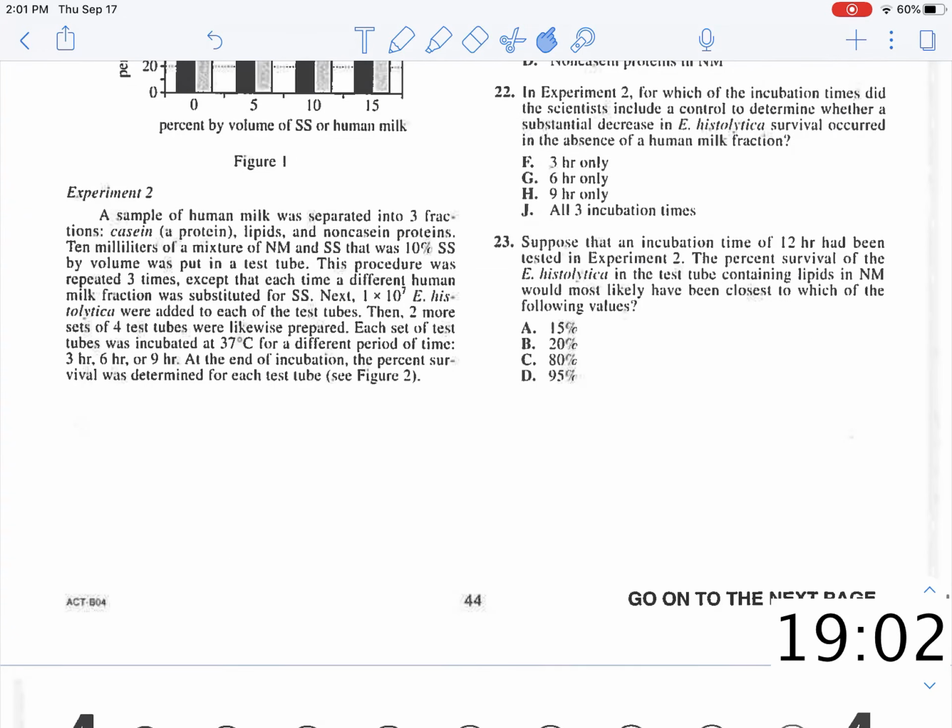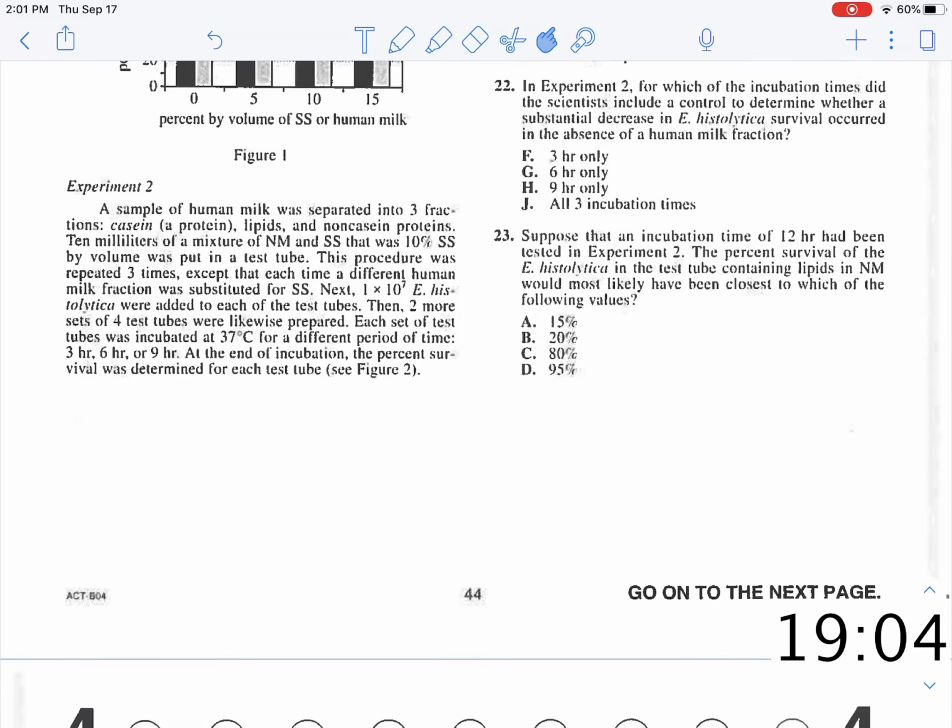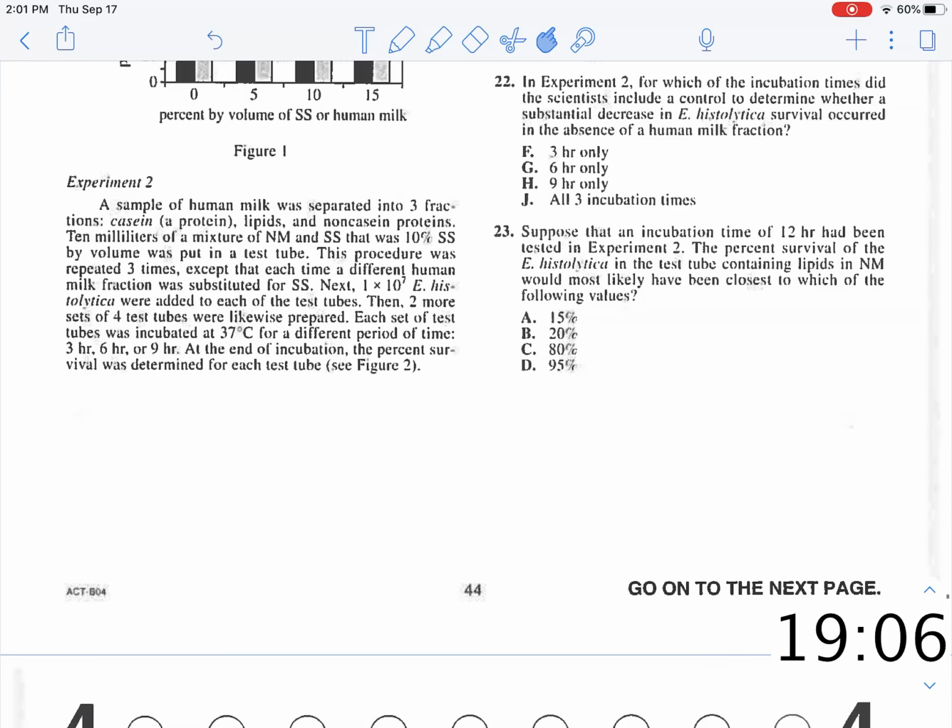A sample of human milk was separated into three: casein, lipids, and non-casein. 10 milliliters of nutrient medium and SS, that was 10% by volume, put in a test tube. This procedure was repeated 3 times, except that a different milk fraction was... Man, that's so weird. Were added to each of the test tubes, and two more sets were prepared. Each set was incubated for a different time.